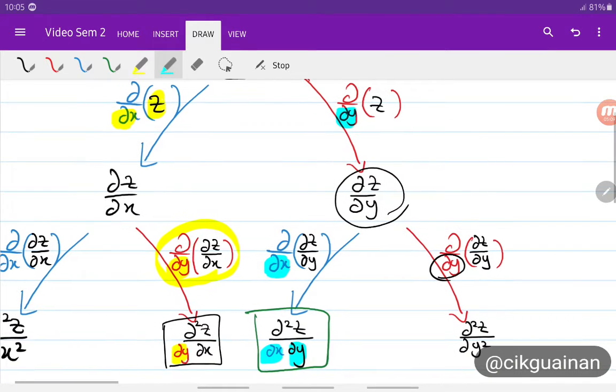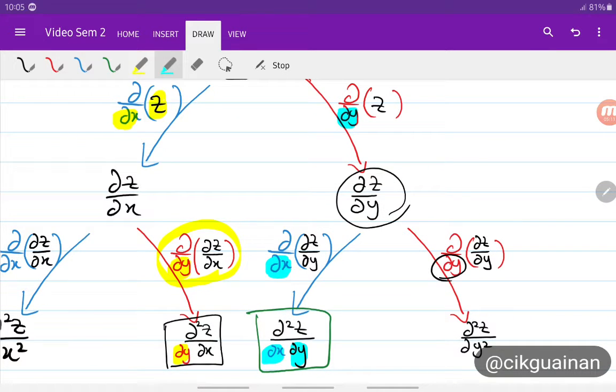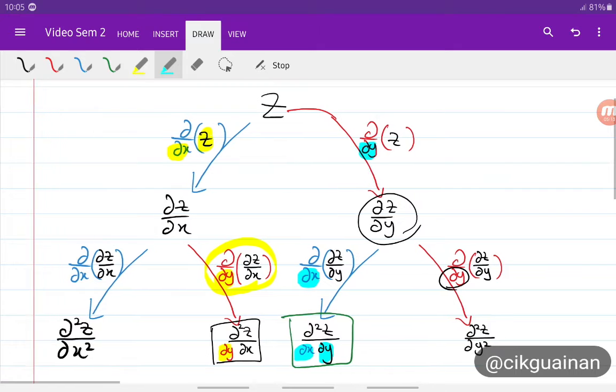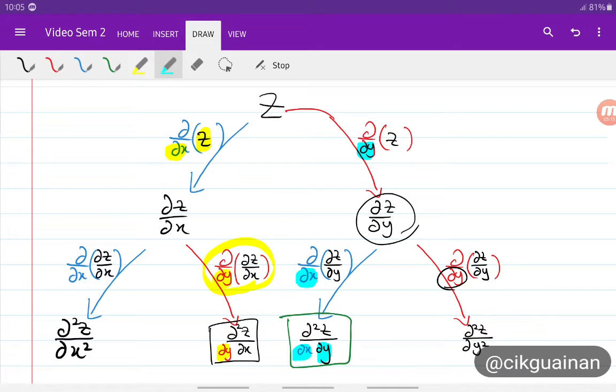So please do not get them mixed up. This is the first family tree. You can put this in your notes and refer to it when you see questions next time, so you know which one is which. Otherwise we get confused.